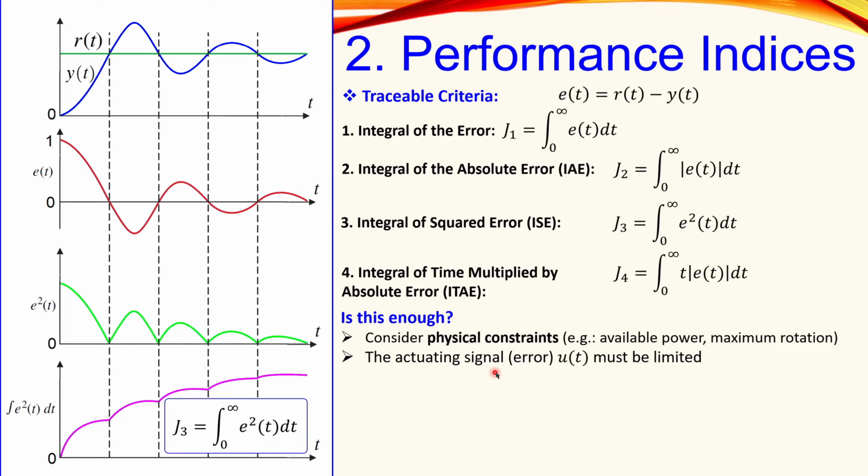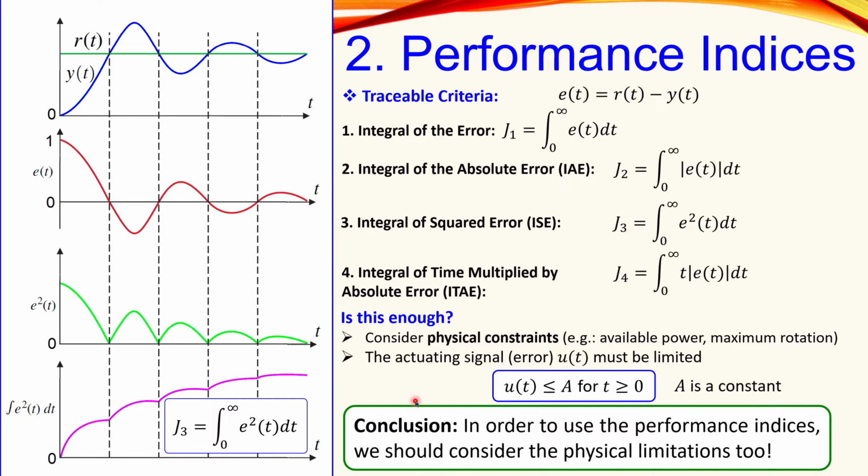So the actuation signal must also be limited because you cannot just put a lot of energy in your system because the math says so. So we really need to check how far we can go. So you have some actuating signal u that must be smaller than or equal to some constant A for all time, and A is a constant.